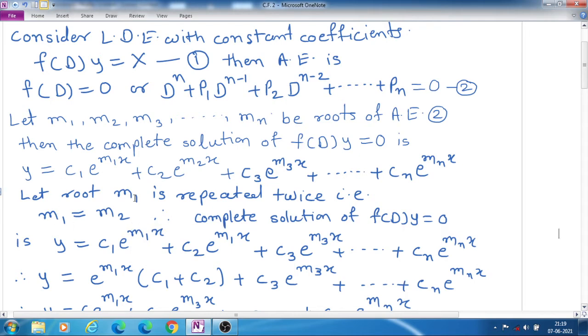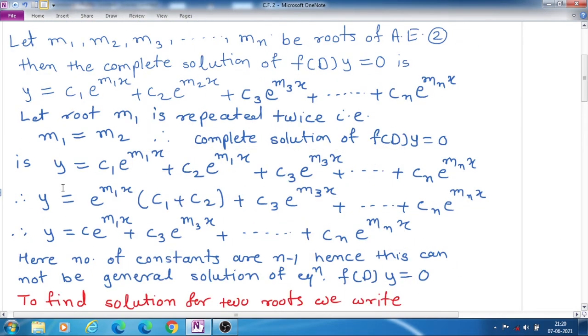Therefore in this solution, if we substitute m2 equal to m1, then we get y equal to c1 e raised to m1x plus c2 e raised to m1x. Instead of m2x we write m1x, and all next terms are as they are, c3 e raised to m3x dash dash cn e raised to mnx.